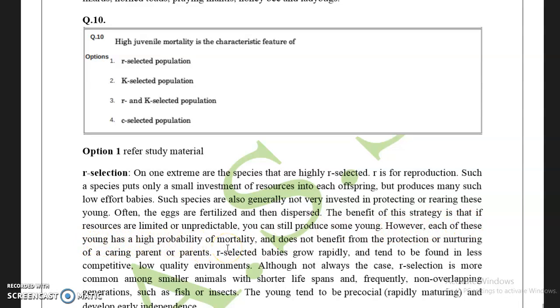It means high juvenile mortality is there in this because of the larger number of babies, more litter, as we call it in scientific terms, and less parental care. There is high juvenile mortality, and hence it is the characteristic feature of R-selected species. And that's why our answer would be option number 1, R-selected population.